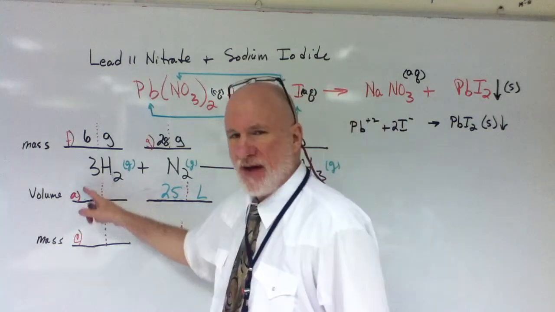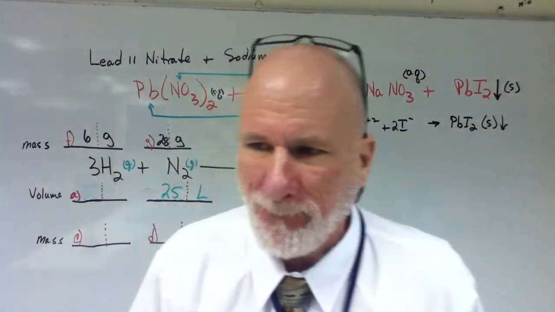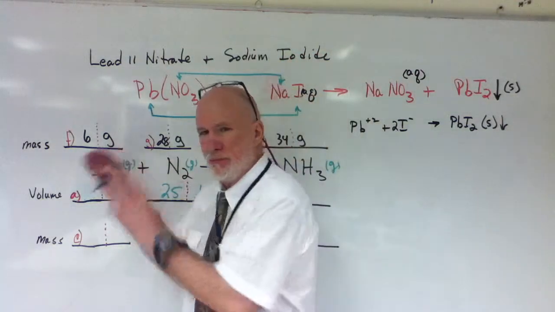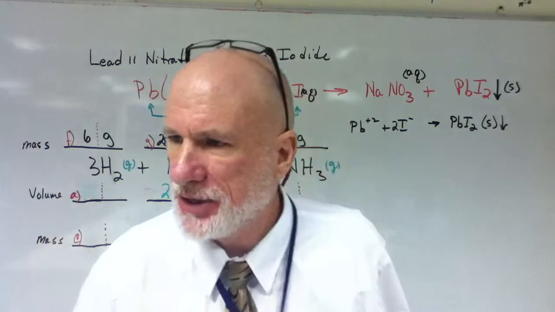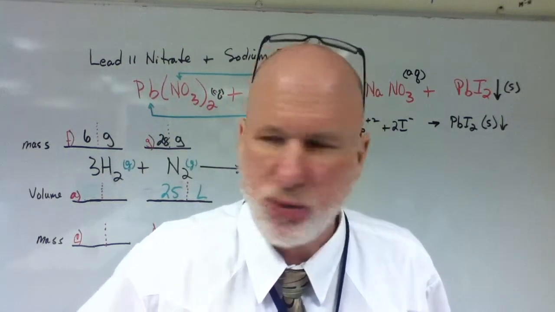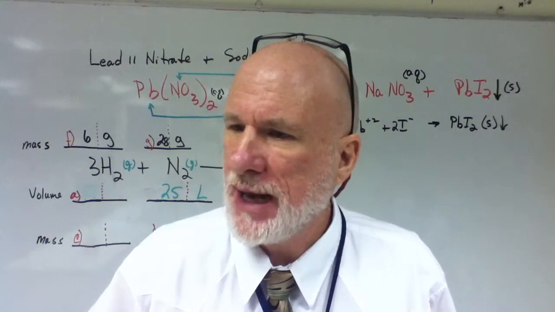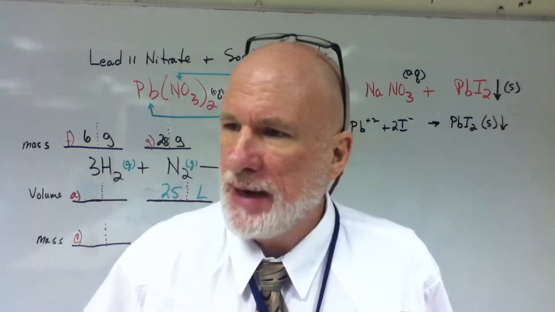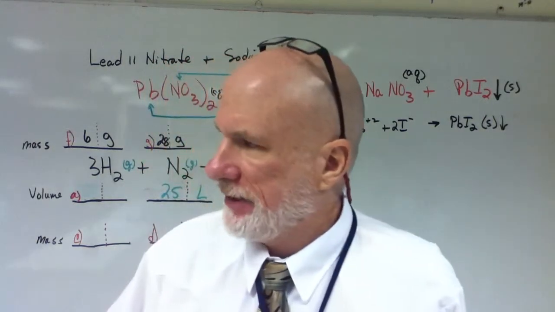In terms of volume, remember, if you have a reaction, and it's at STP, and all our reactions are considered at STP unless otherwise noted. When we do gas laws, we'll do reactions at temperatures other than STP, yes? But right now everything's at STP, right?